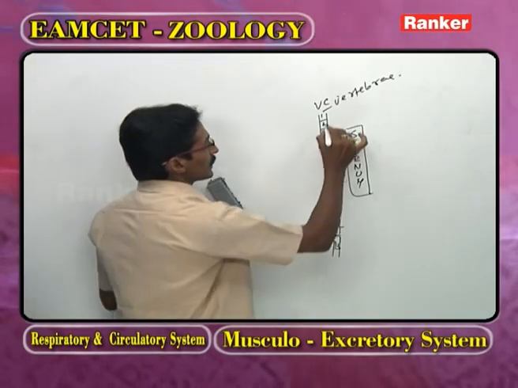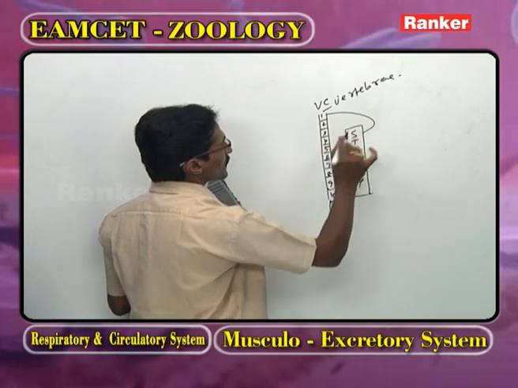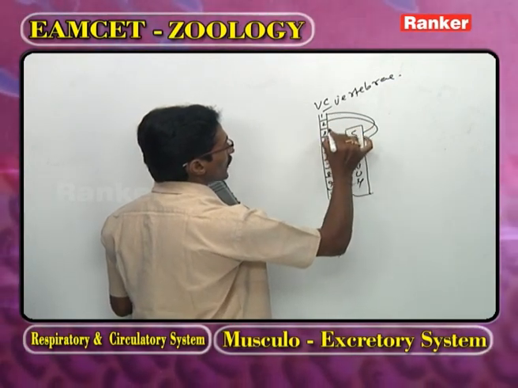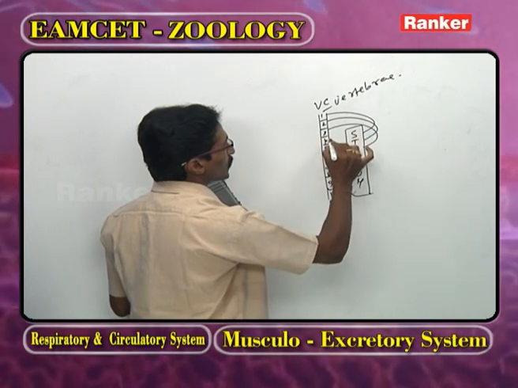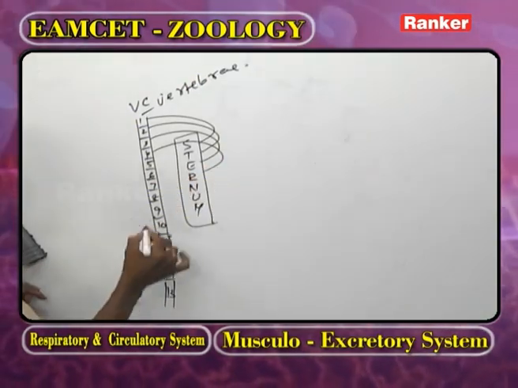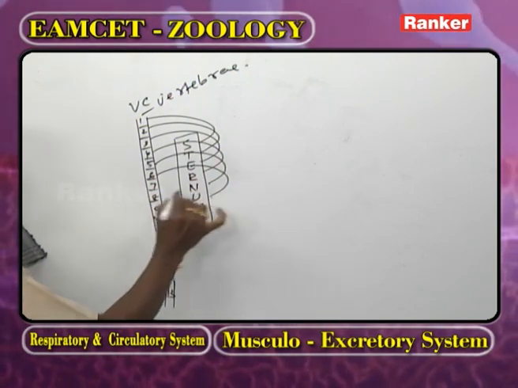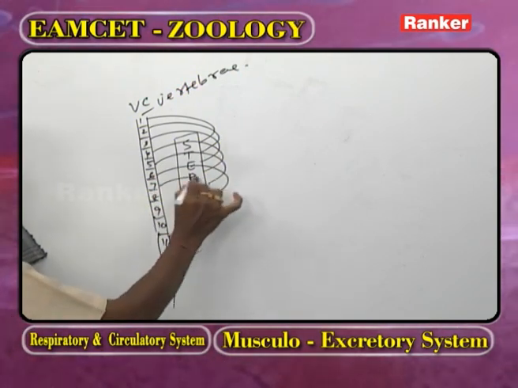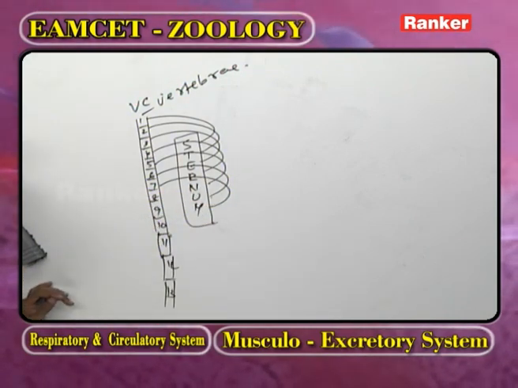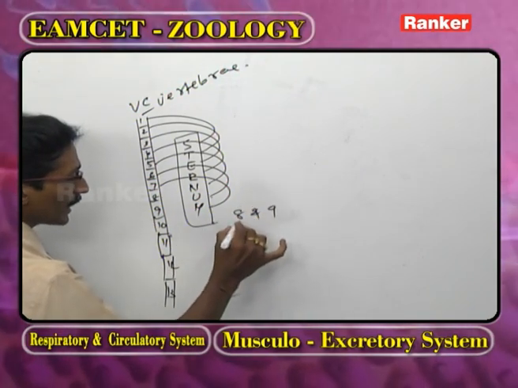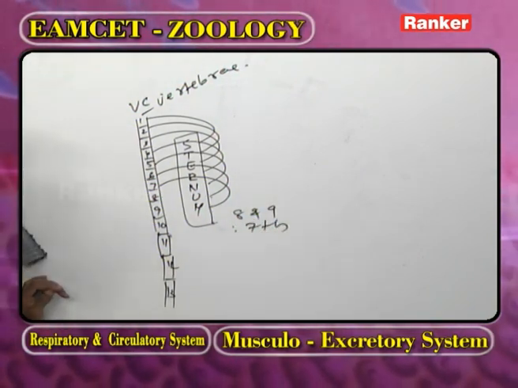Now, the first pair of ribs is attached to the sternum, second pair attached to the sternum, third pair, fourth, fifth, sixth, seventh attached to the sternum. Now what about the eighth and ninth? The eighth and ninth are attached to the seventh.